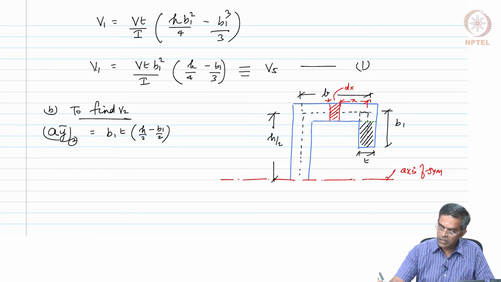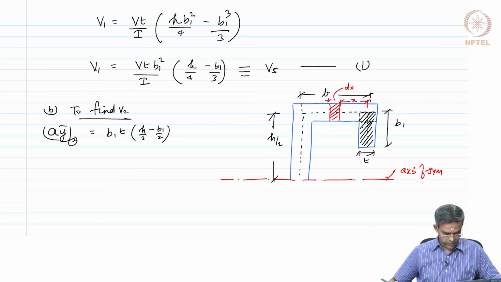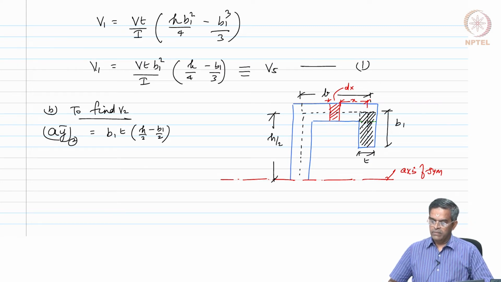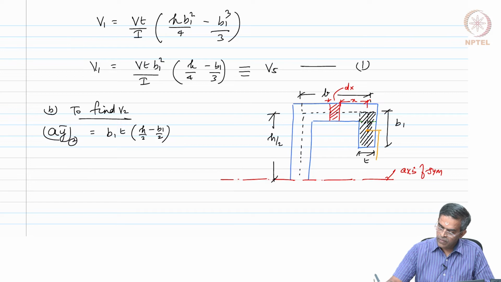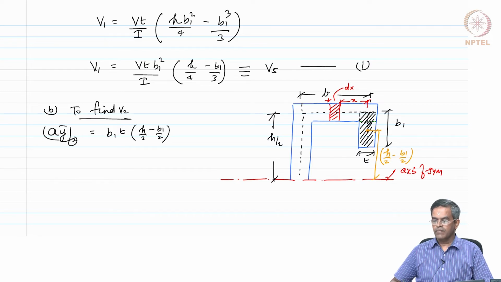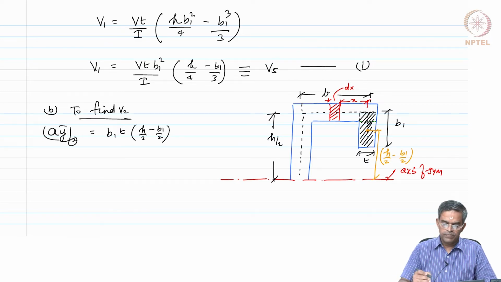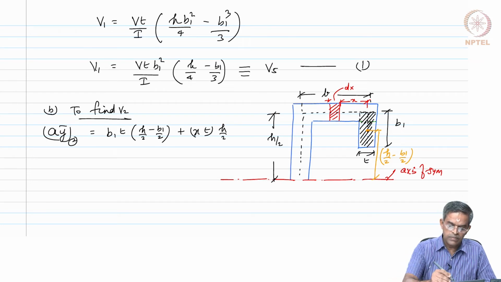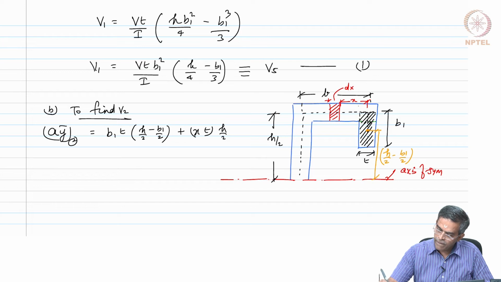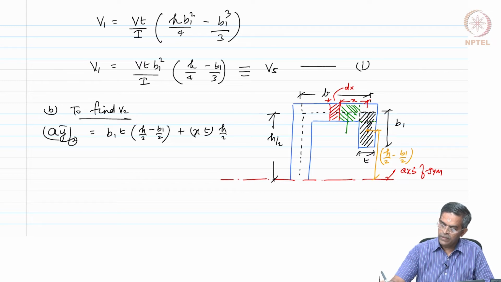Strictly speaking, it is this part, because the centroid of this will be h by 2 minus B1 by 2, am I right? Then the remaining part is x into T into h by 2, and the CG is from here, which is h by 2.